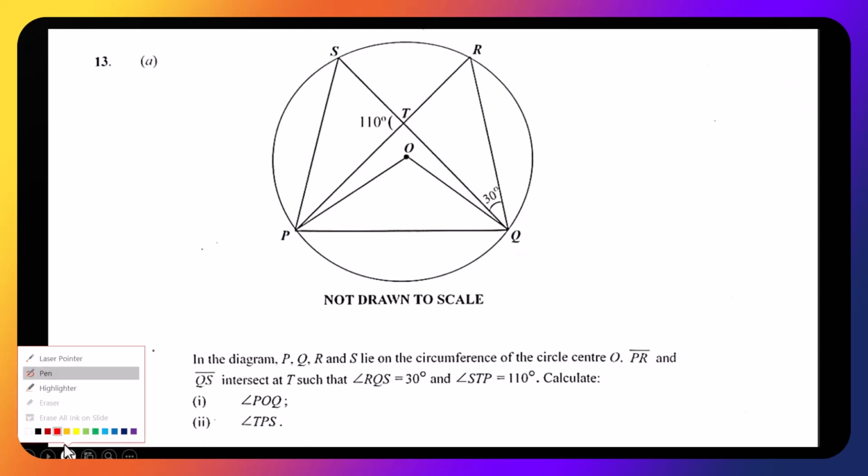Now let's look at this Nov-Dec 2025 paper on General Mathematics, question 13.